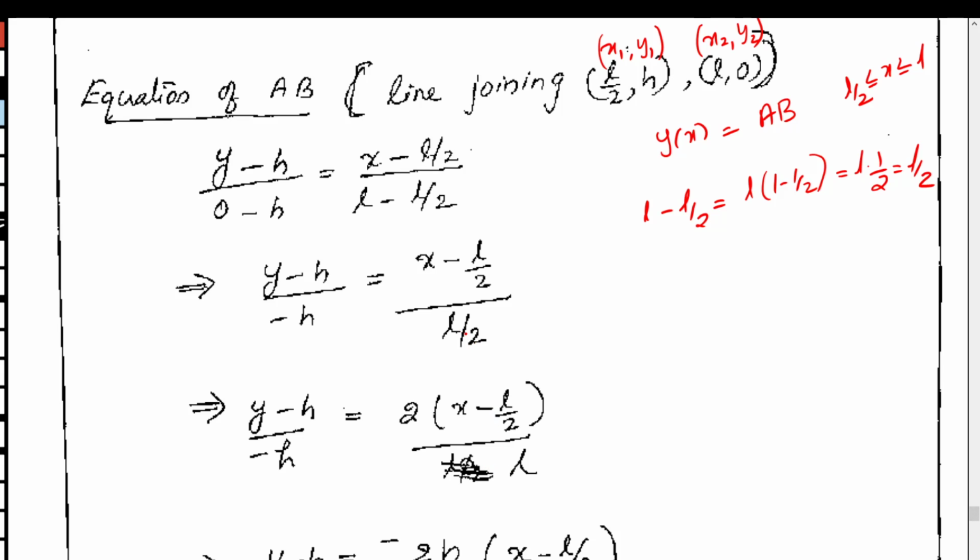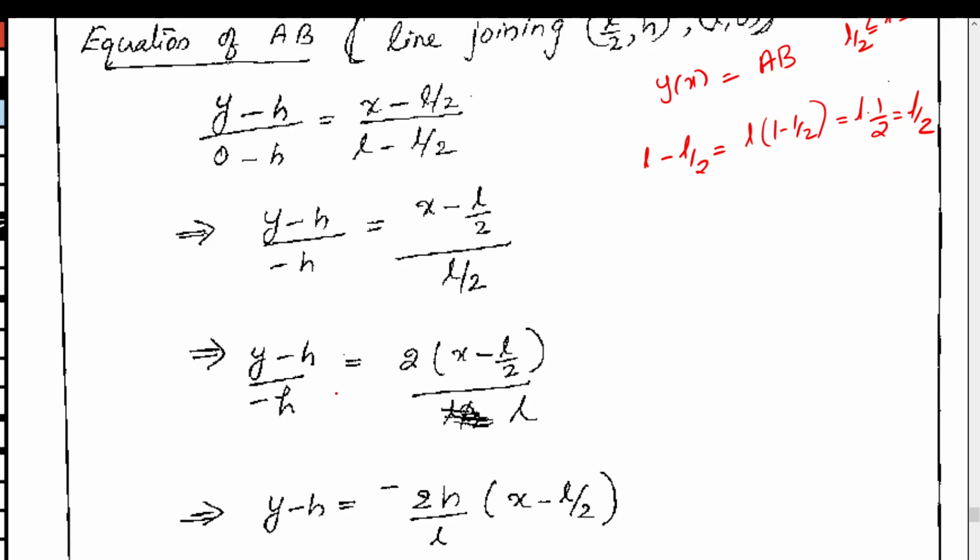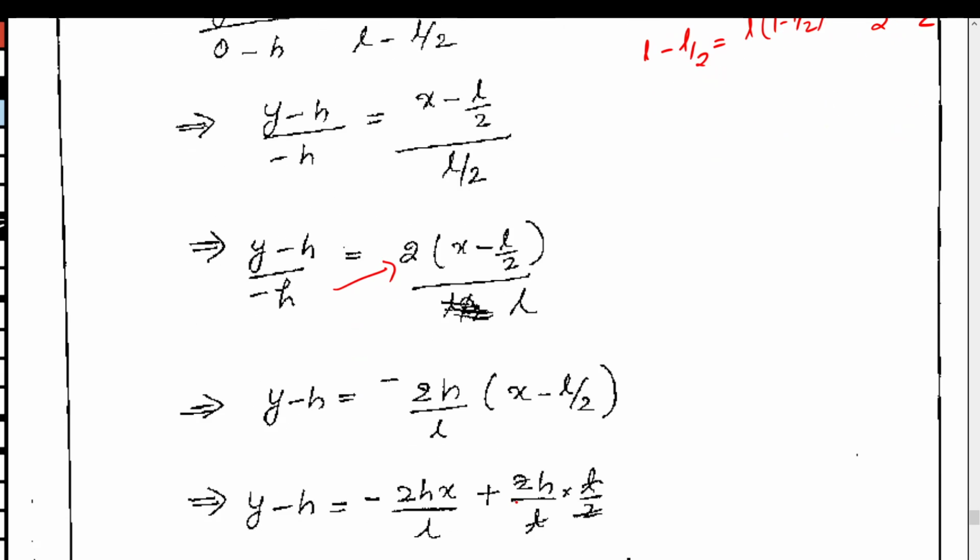Multiplying by the reciprocal of L/2 on the right hand side, we get 2(x − L/2)/L. Now multiply throughout by −h, and we get y − h = (−2h/L)(x − L/2).